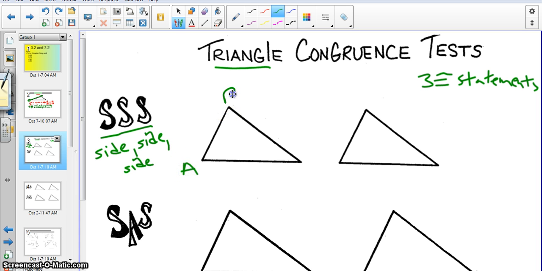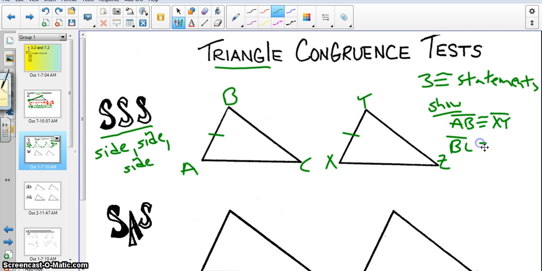So if I have triangles ABC and XYZ, I must show three sides. AB would be congruent to XY. BC would be congruent to YZ.